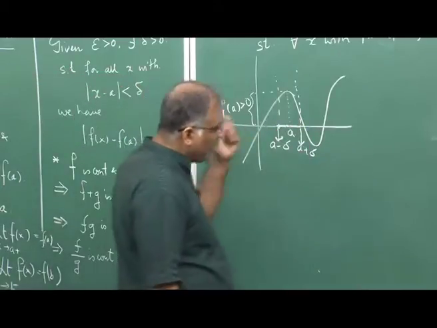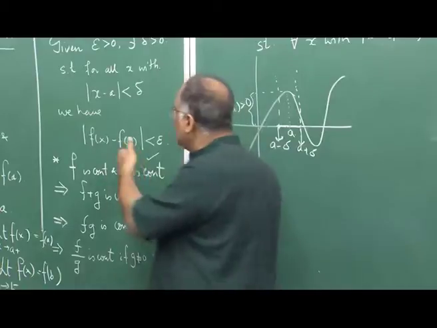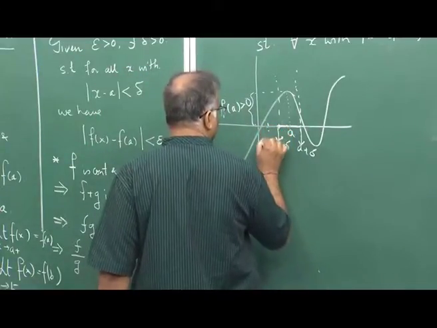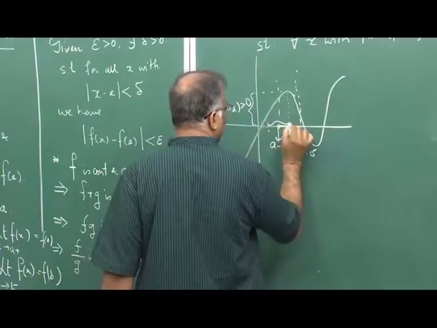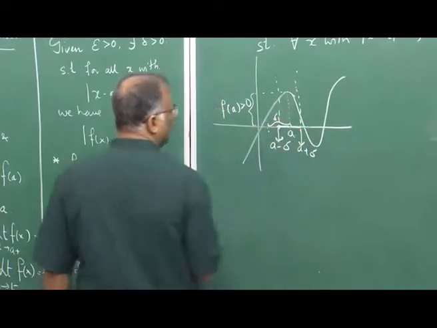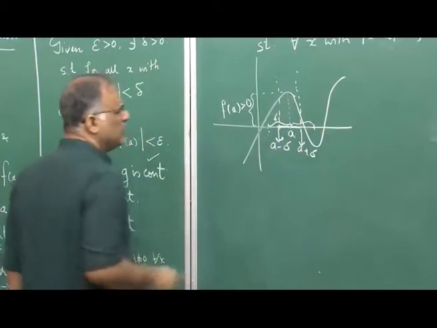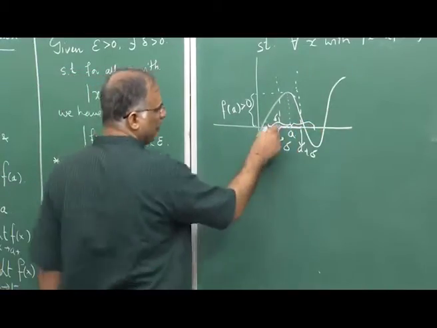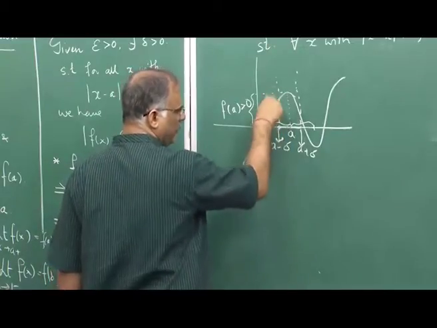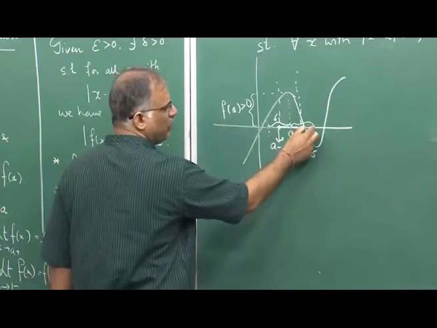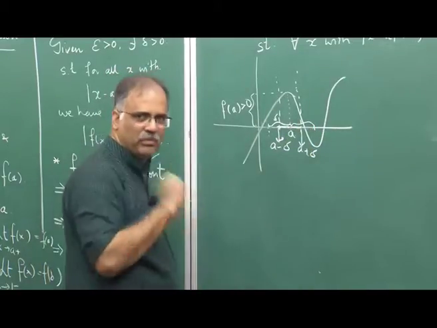So, it cannot work for every delta, it just works for a fixed delta. So, if I bring in delta 1, say, this is my delta 1. So, this is a minus delta 1 and then this will be a plus delta 1. In this case for this part, for every x f(x) is strictly bigger than 0, but for this part of the neighborhood there is a part from which f becomes 0 and negative.